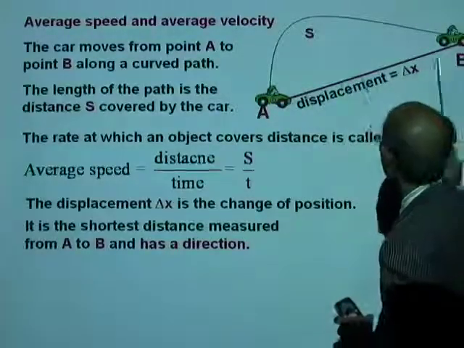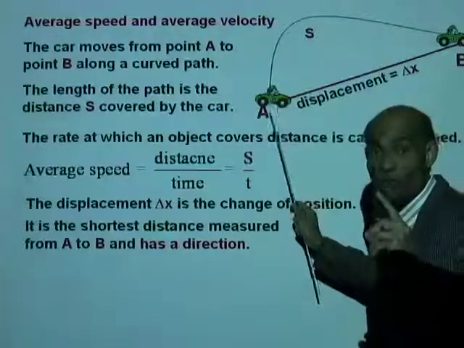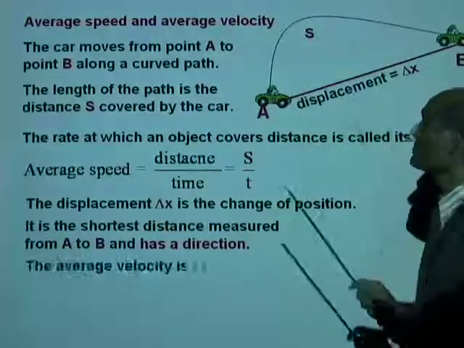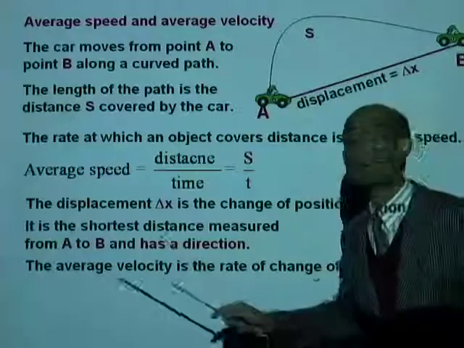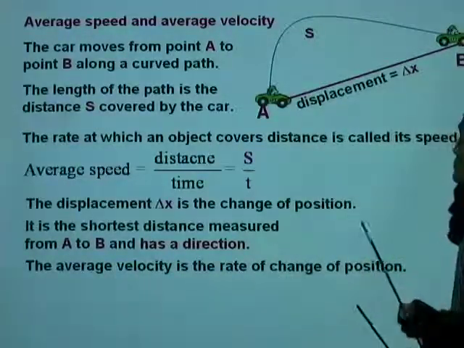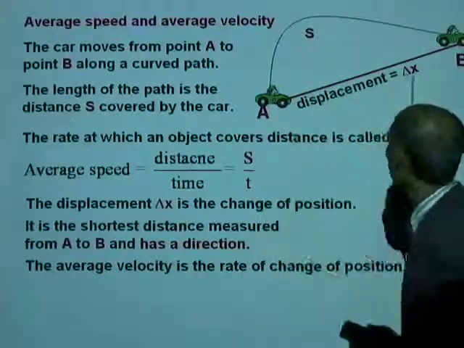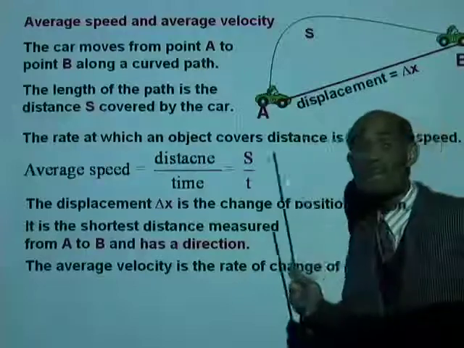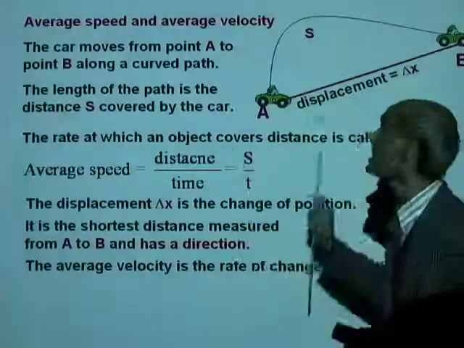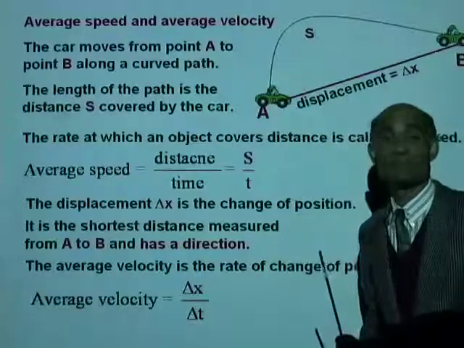Displacement delta x is the shortest distance measured from the initial position to the final position. And therefore, the average velocity is the rate of change of position. The average velocity will be the rate of change of displacement. It is delta x divided by delta t.